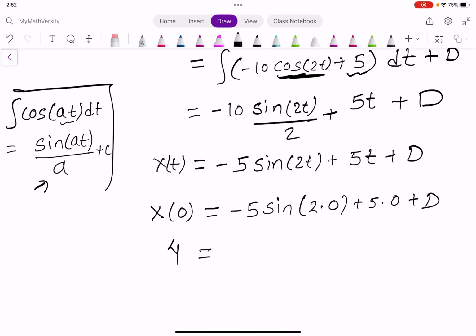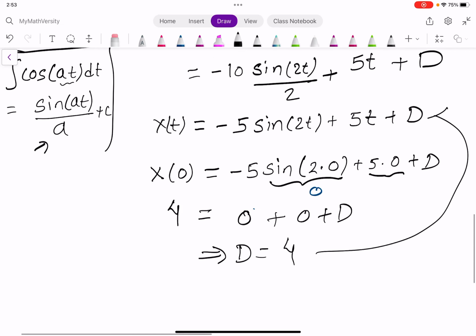Everything is 0 times negative 5, so we get negative 5 times sine 0, which is 0, right? So because of that, we can just say everything over here is 0. So negative 5 times 0 would be 0. So we can just write down that is 0 plus 5 times 0 is 0 plus d. Oh, easy to solve for d. We get d is just 4.